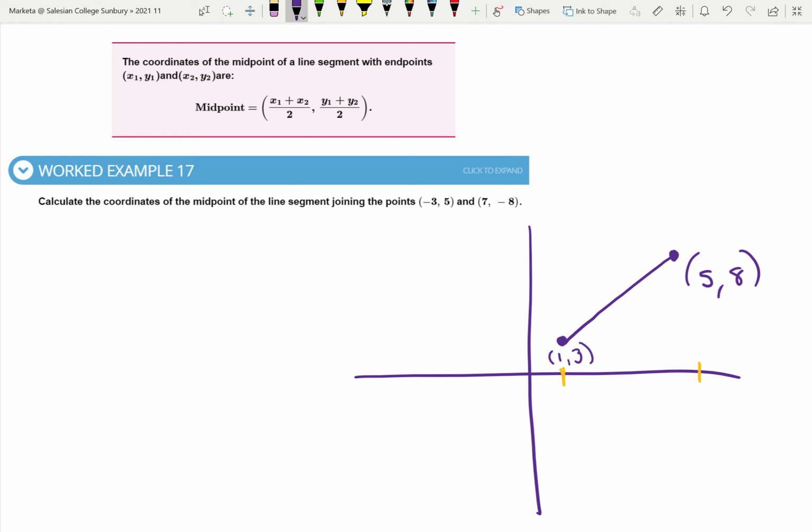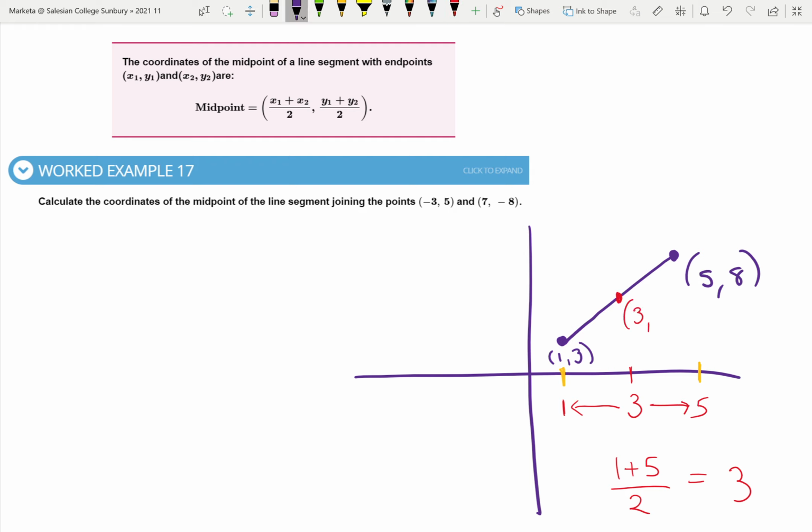If we wanted to find the middle, we're finding the average of those. So the first x value being 1, the second x value being 5, we could say 1 plus 5 divided by 2, that would give us 3, and that would mean 3 is right in between. You can see that there's an even amount of space on each side. So our midpoint would have an x value of 3.